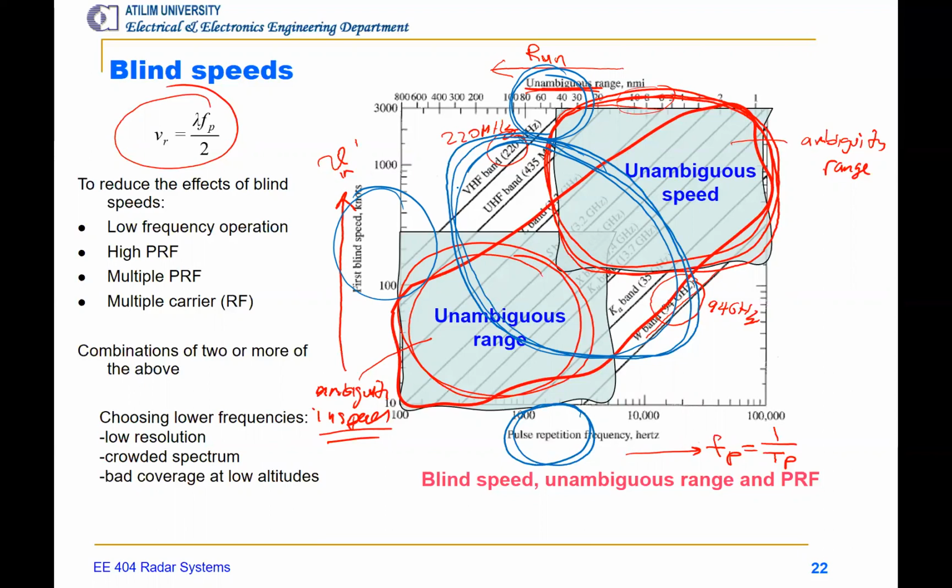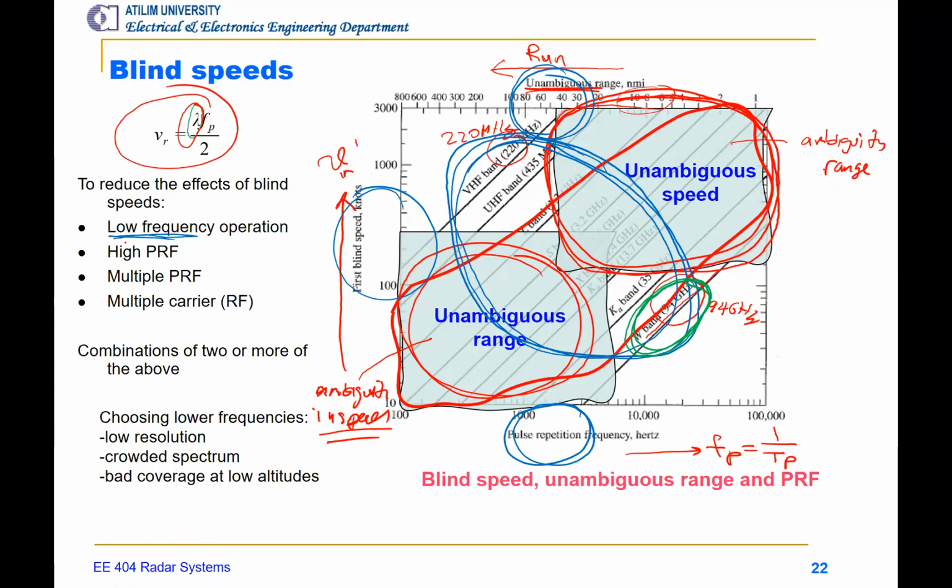What else? How do we reduce the blind speed? There are several more ways, and usually they are preferred. We can reduce the frequency, as you can see here. When the frequency increases, the ambiguity increases. The wavelength is proportional to the speed.